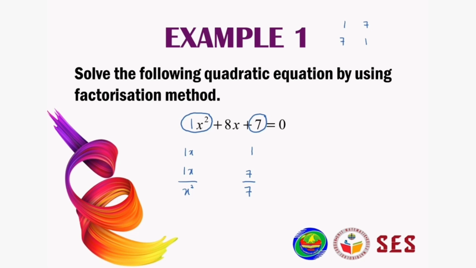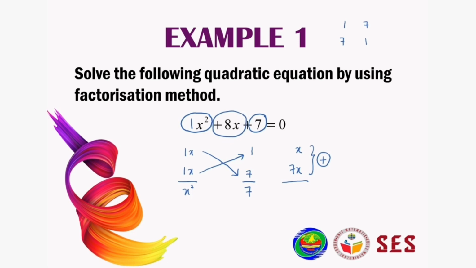Next step, we will do cross multiply, which is 1x times by 1 to give us x, and 1x times 7 to give us 7x. And now, we will need to decide which signs to use so that when we add up these two, we will have positive 8x in the middle.